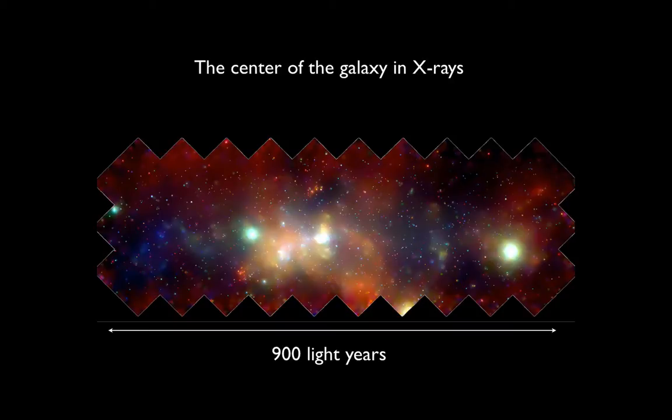So this is a zoom in towards the center of our galaxy, again in X-rays, and this is about 900 light years across. And remember that the galaxy is 100,000 light years across, so this is about 1/100th of the size of the galaxy, so we're really zooming in.